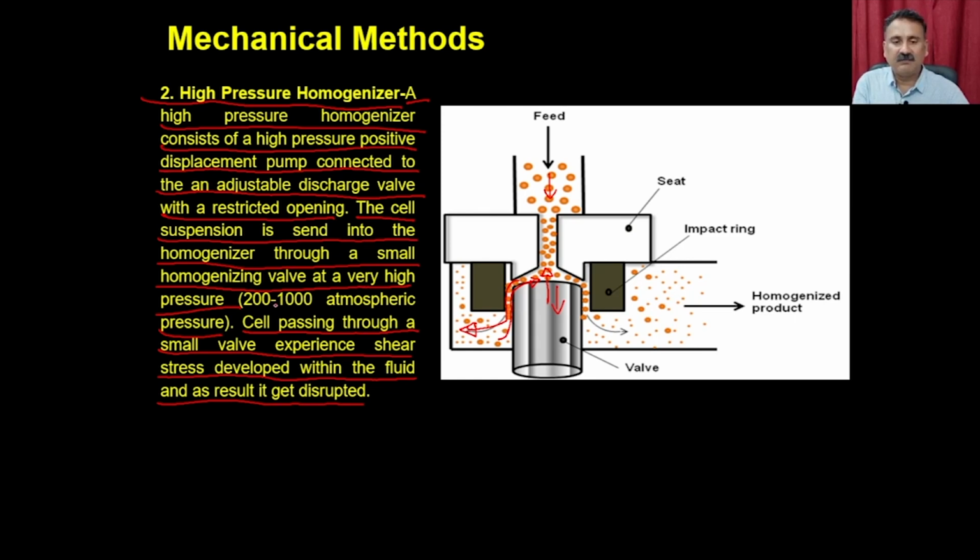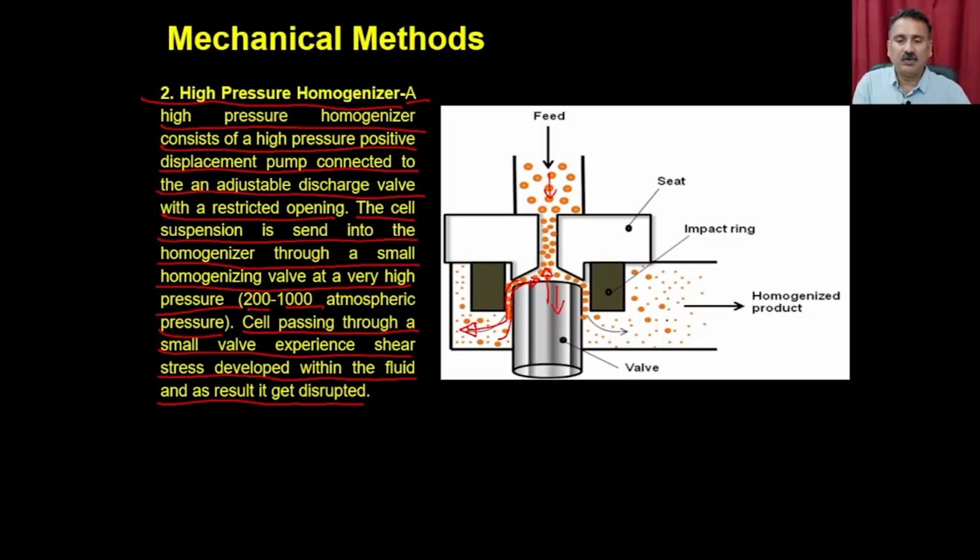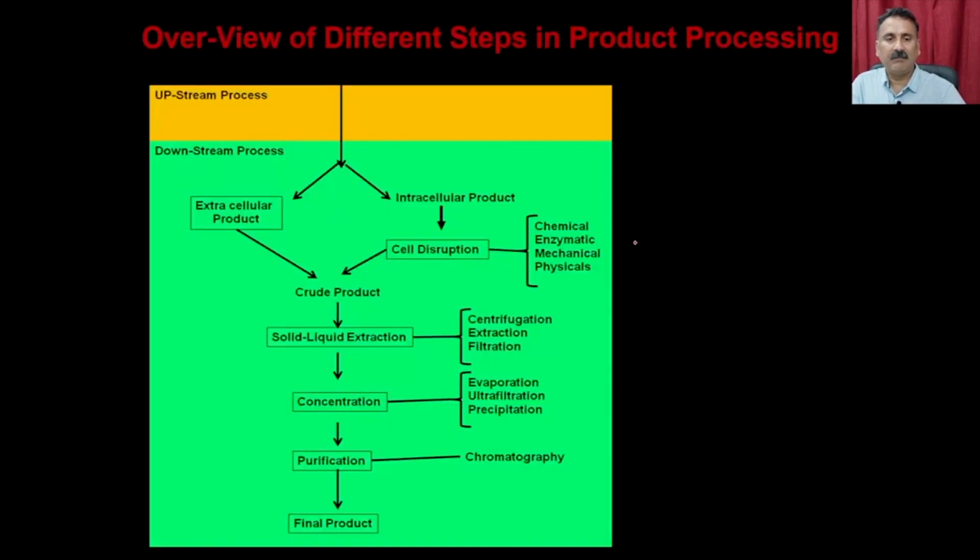The pressure difference you see is from 200 to 1000 atmospheric pressure. This means the pressure is very high. When it happens at such a high pressure, all the cells are going to be disrupted and release their product. Then this product can be recovered from the other opening. So this is all about the cell disruption methods.